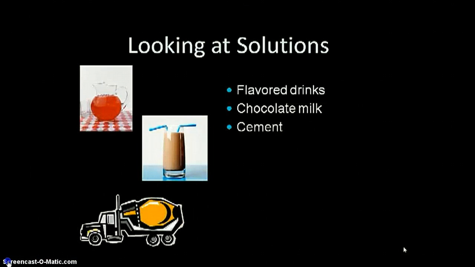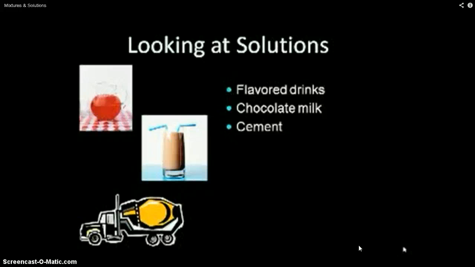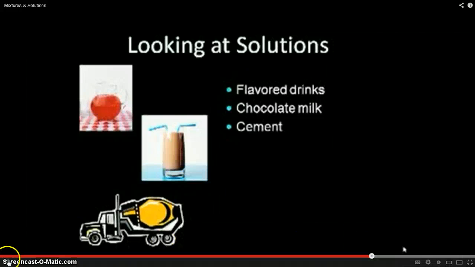Cement is also an example. So think about the reasons why these three things, flavored drinks, chocolate milk, and cement, are a special type of mixture known as solutions. And you can ask yourself this question: why are these things solutions?